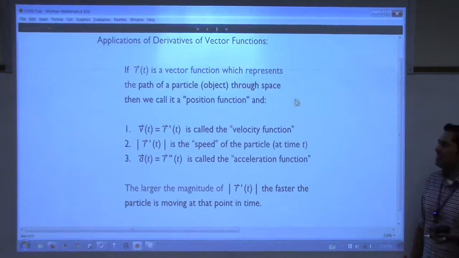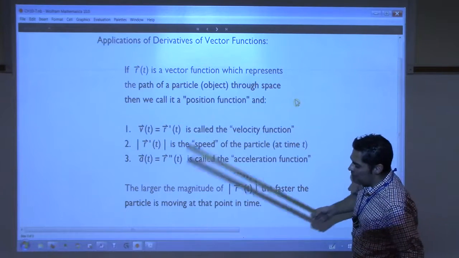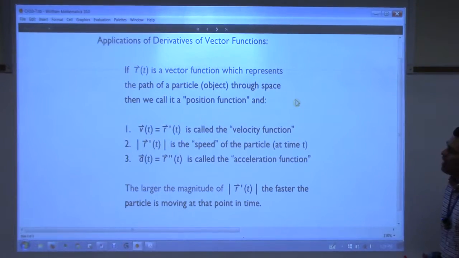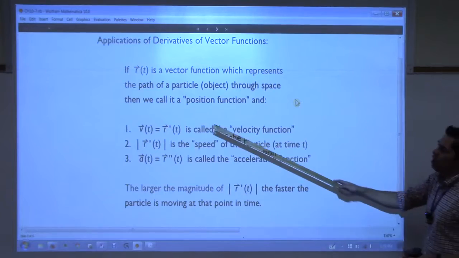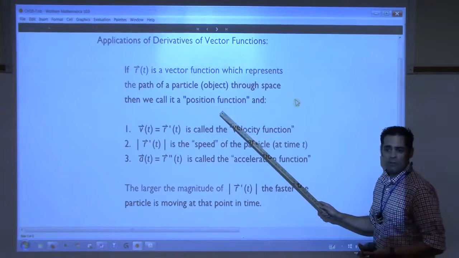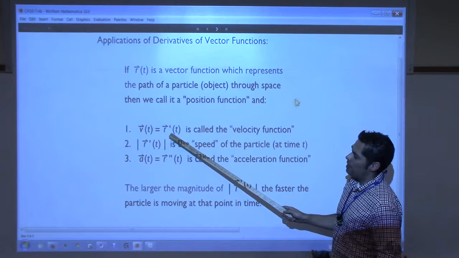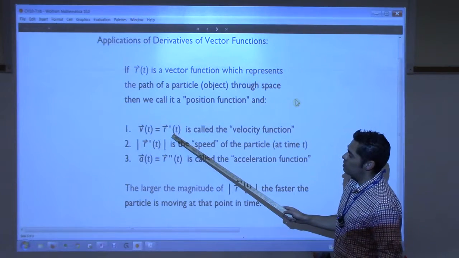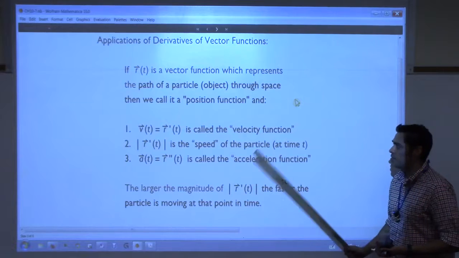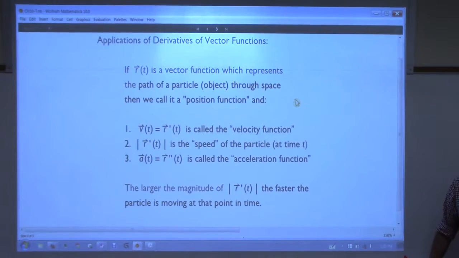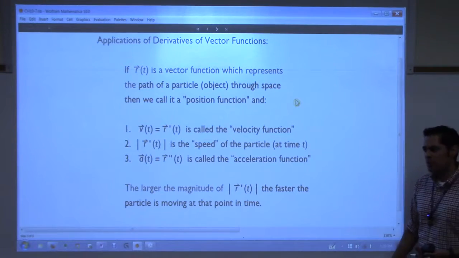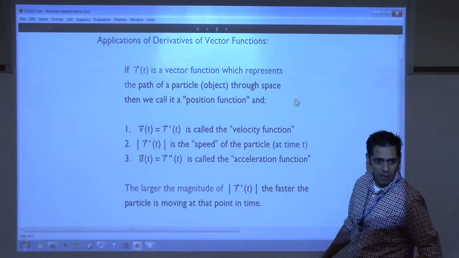If r of t is a vector function and the curve is a path, then we will call r of t the position function. The derivative of the position function we will call v of t, and it is called the velocity function. This look familiar? In Cal 1 you did this, right? Derivative of position was velocity, derivative of velocity was acceleration.